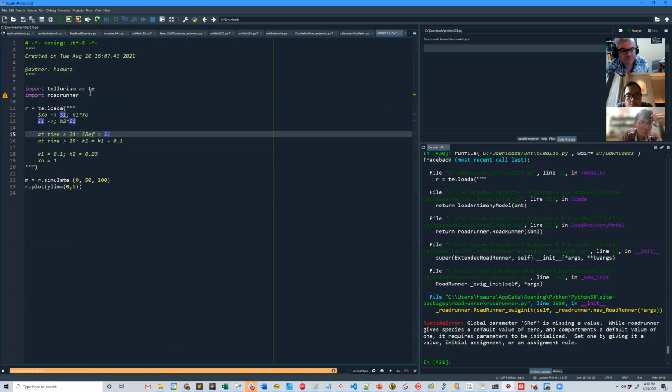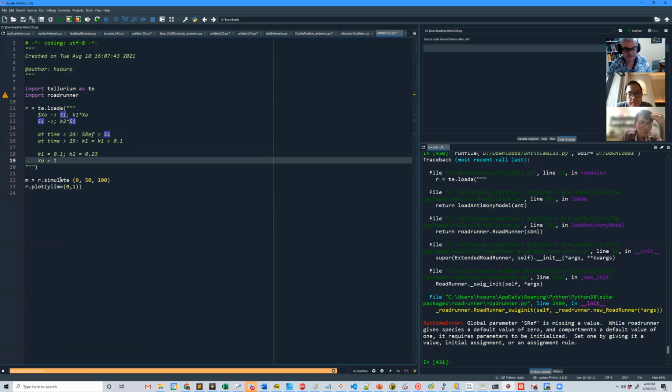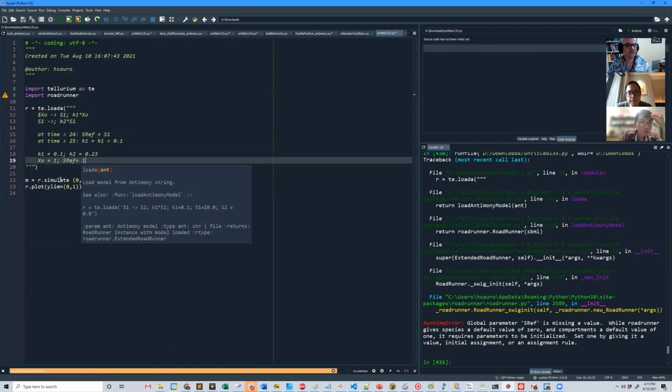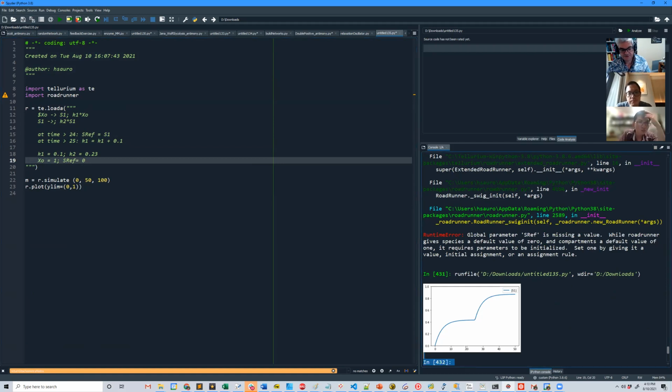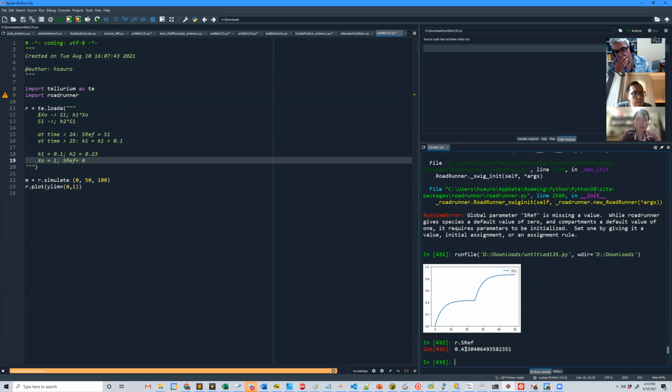I'll explain what this is doing in a minute. So sref is storing the value of S1 at time equals 24. So just before I do the perturbation, I'm recording the value of S1. Okay, you get that?